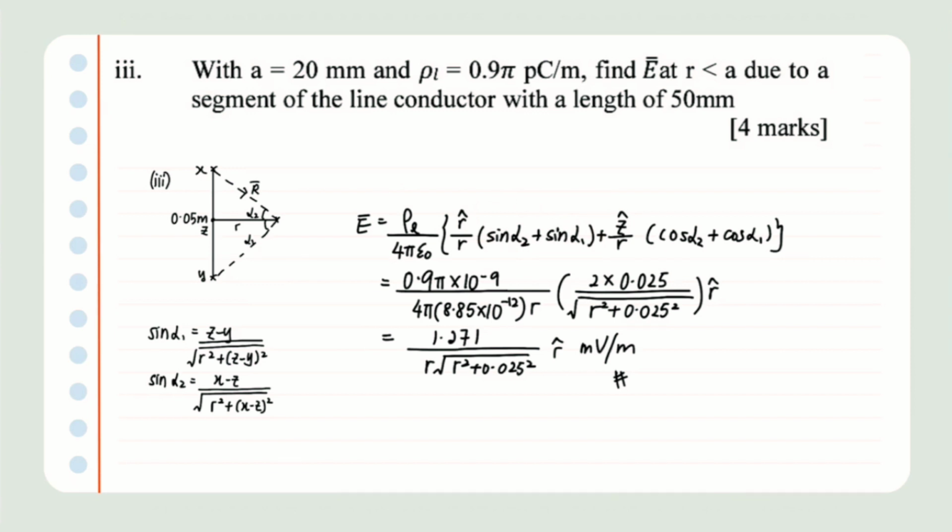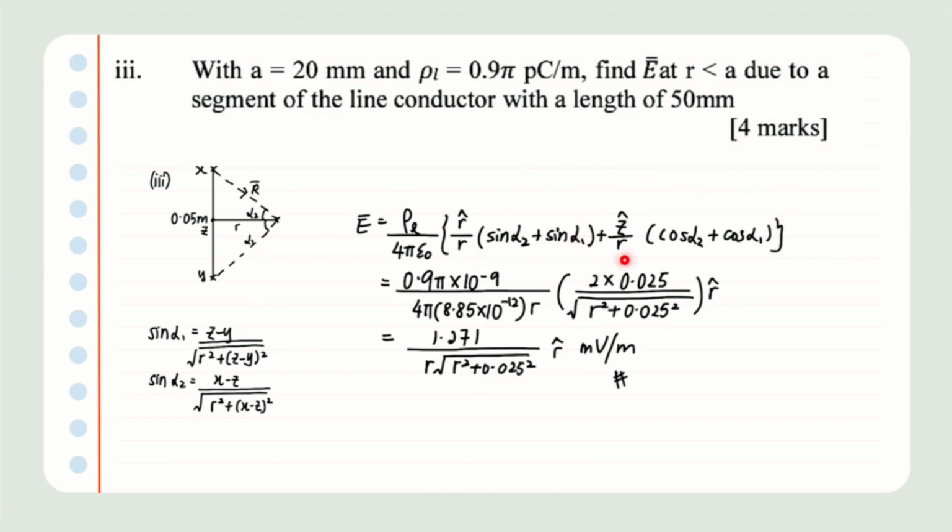As we know, we can use the trigonometry formula to find sine theta, which is equal to the opposite divided by the hypotenuse. From the diagram, we can see that at angle alpha 2, the opposite is equal to x minus z. And the hypotenuse, we can use the triangle to find it, which is equal to square root of r squared plus (x minus z) squared. Then we substitute it into the equation.